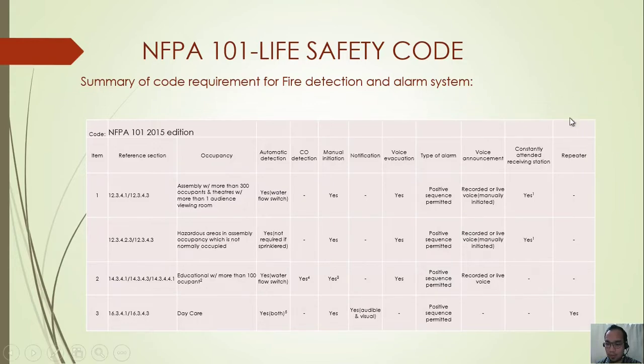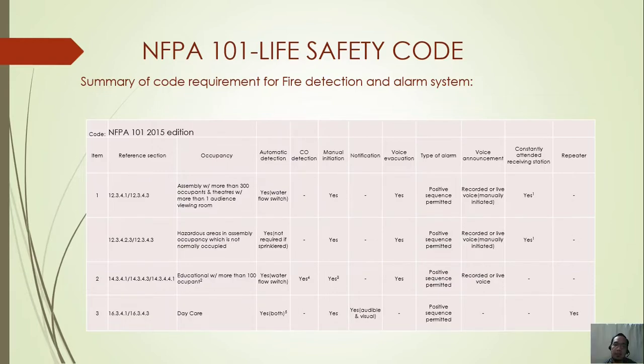So now we have a requirement for voice announcement in assembly occupancy. So this voice announcement can be either an automatic recorded message or a live voice. And the other one is in assembly, there is a requirement for constantly attended receiving station.